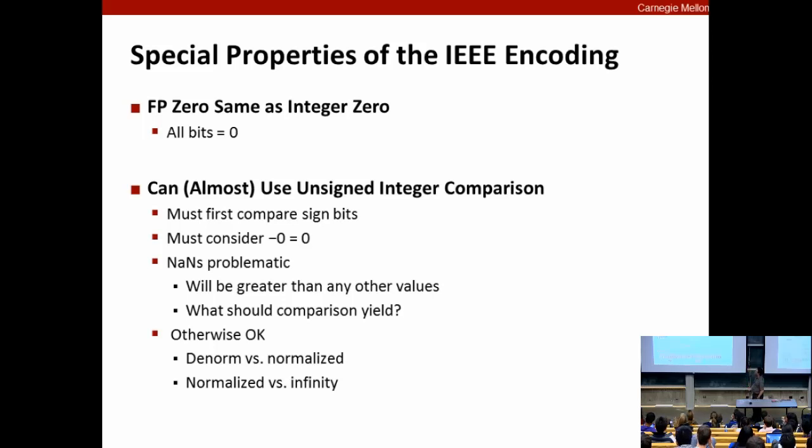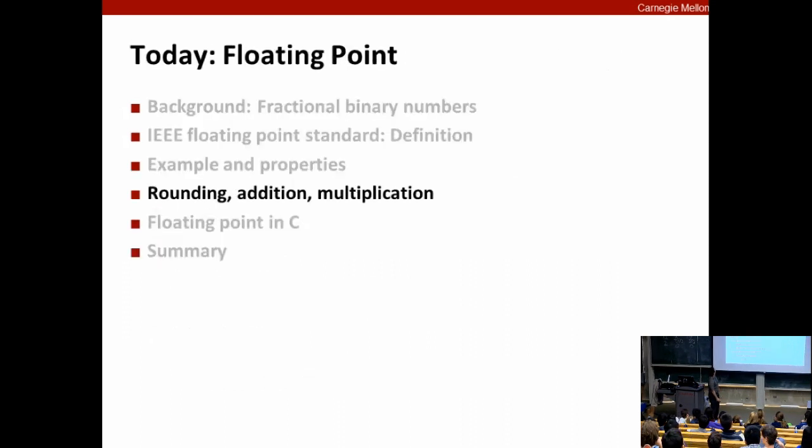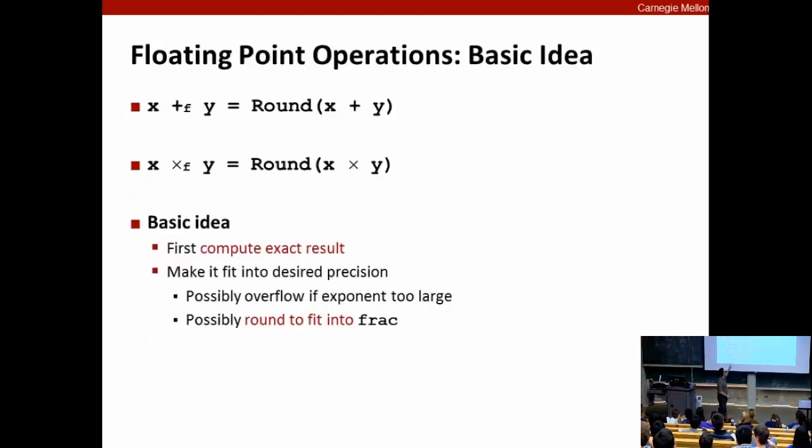Now, this is what's called normalized numbers. Remember that on my number line, the normalized numbers are the ones farther from 0, that are giving me the big steps that let me capture a large range. Okay? Denormalized numbers exist where the exponent is all 0. Okay?